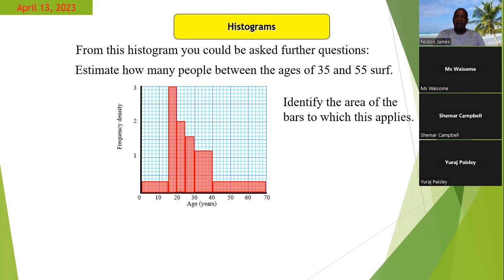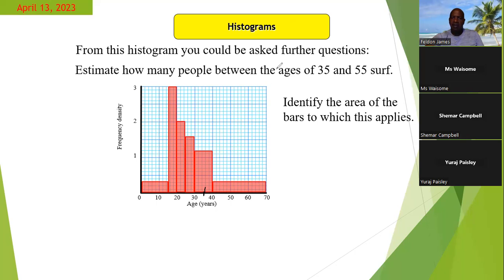So we're looking from what? 35 to 45. You go to the bar, you look for 35. Where's 35? 35 is about here. Somewhere in the middle. All right, and you're going to 55. So 55 is about here.